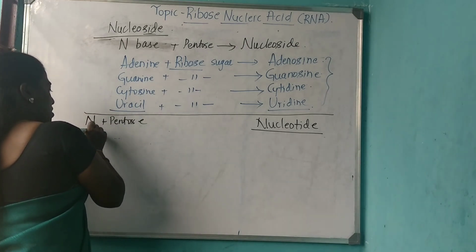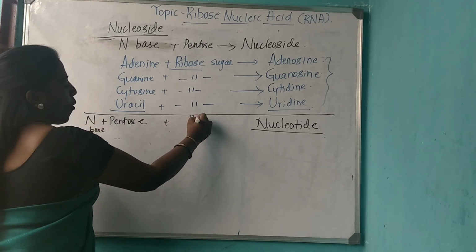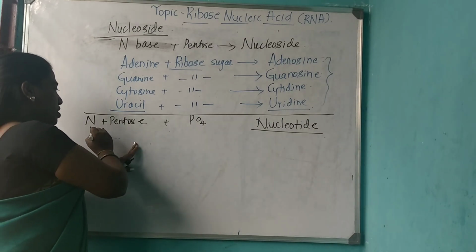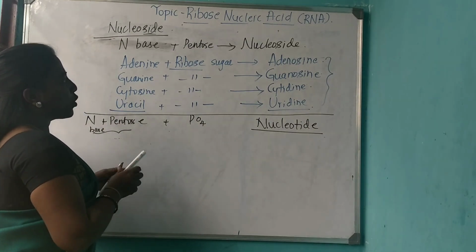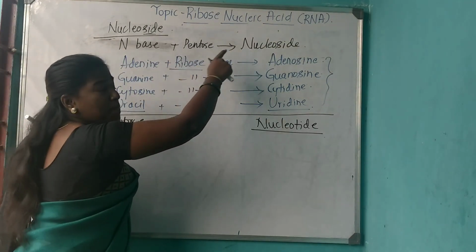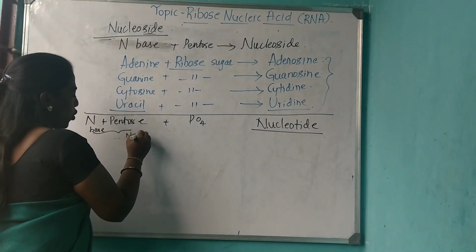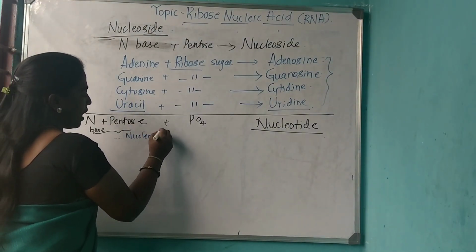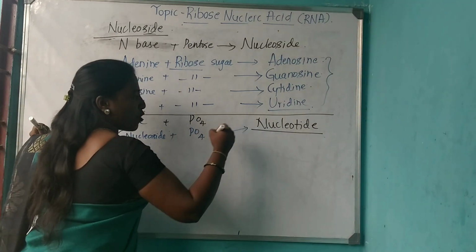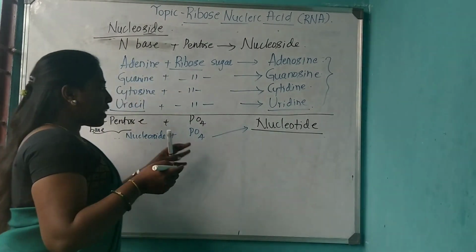Nitrogenous base and pentose sugar together form nucleoside. Nucleoside combines with phosphate and results in the formation of what? Nucleotide.